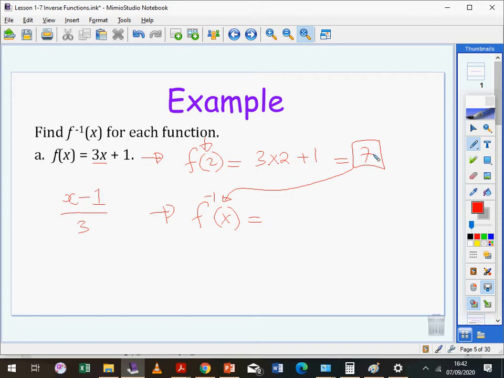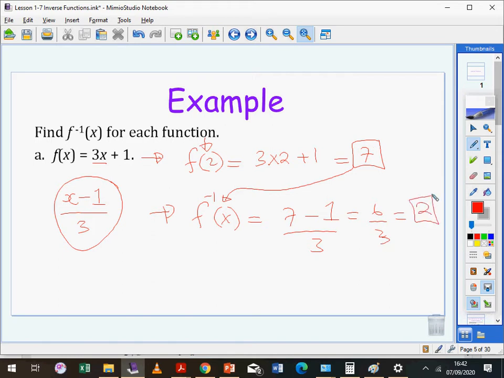So I'm looking for a function in which I will put 7 and I want to get out 2. That function, just like I explained here, would take the 7, subtract 1, which is 6, divide by 3, which will give you 2.